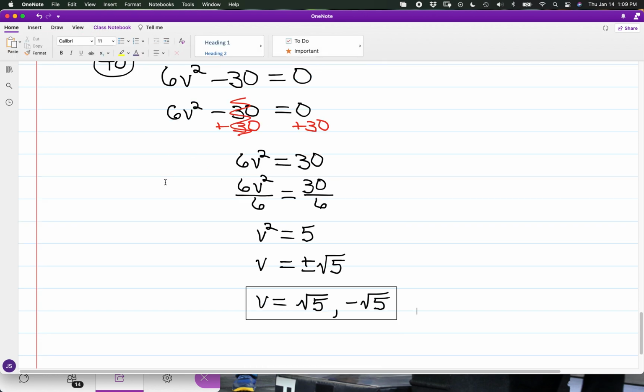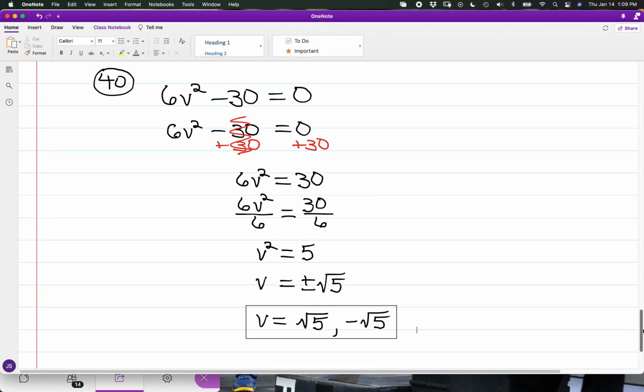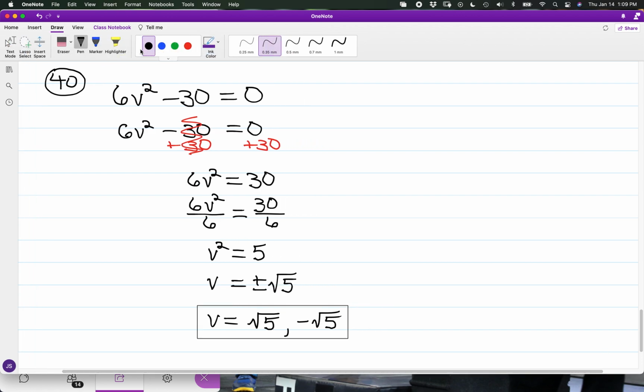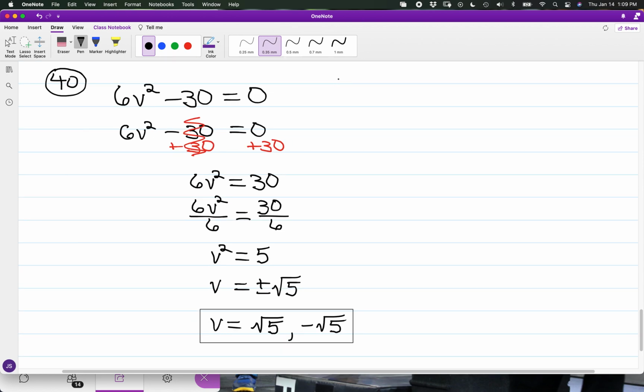All right, now for number 41. This one is a little bit tricky. It looks like it's going to lead up to a radical reduction. In the case of 41, we have the square of k plus 2 is equal to 28.